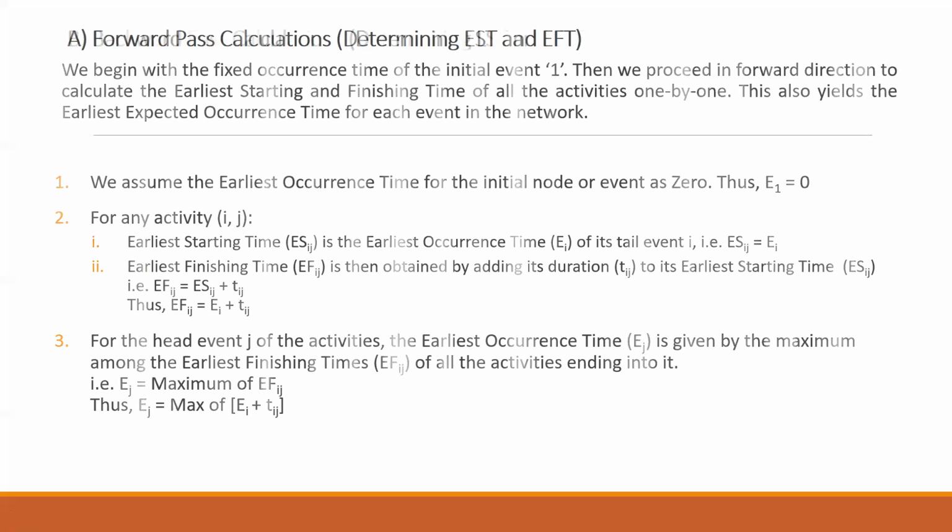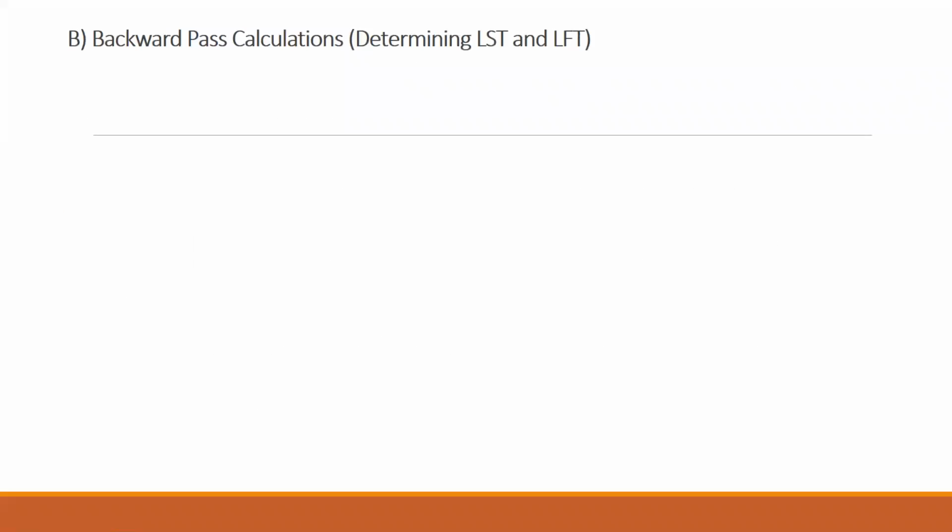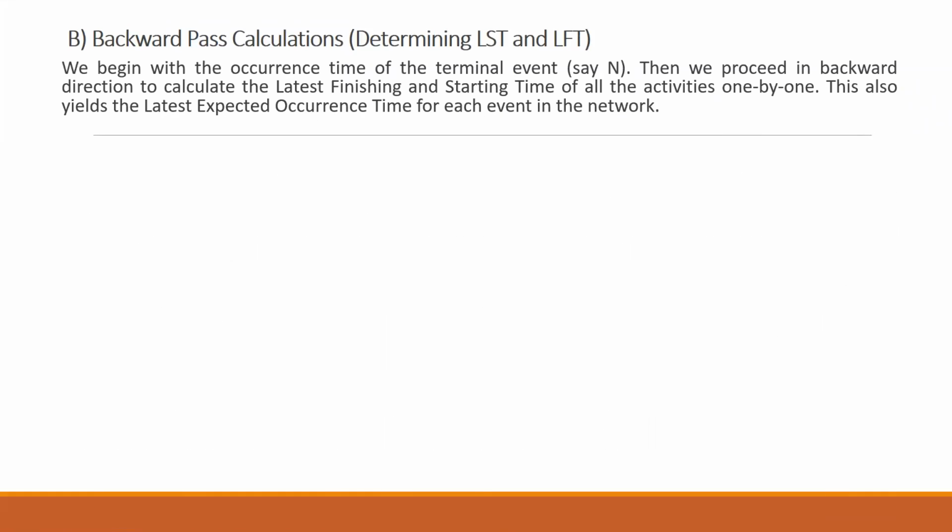The second pass is your backward pass, and it is used to find the values of LST and LFT. Backward means we go to the last node, and from the last node we move backwards towards the first node. The last node will have some finishing time, the EFT, and the EFT of the last node will be the LFT of the last node.